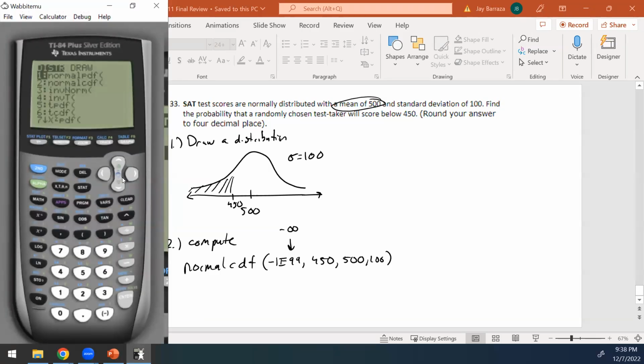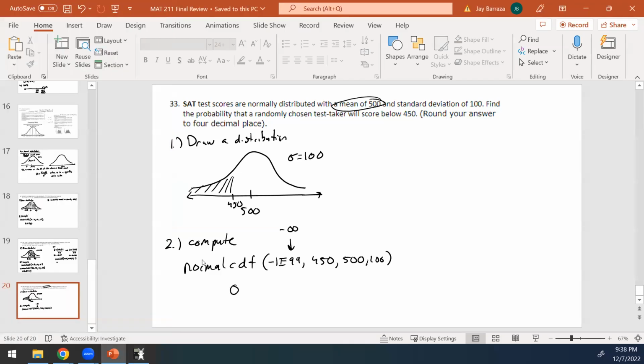Second distribution, normal CDF. And we're going to do negative 1 second E99, all the way up to 450. The mean is 500. Standard deviation is 100. We're going to paste that in there.